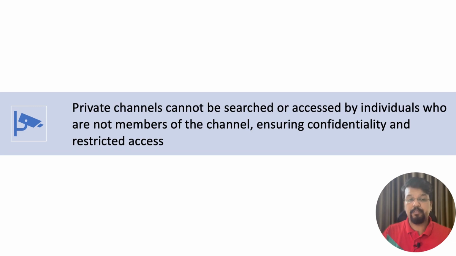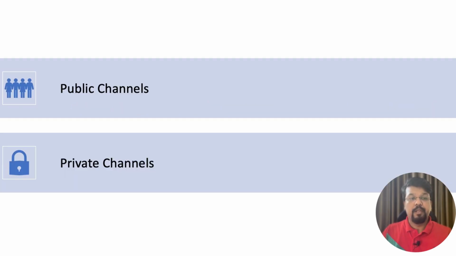Private channels cannot be searched or accessed by individuals who are not members of the channel, ensuring confidentiality and restricted access. Understanding the difference between public and private channels is vital for leveraging Slack's communication features effectively. Choosing the appropriate channel type plays a crucial role in organizing conversations effectively and involving the right people.